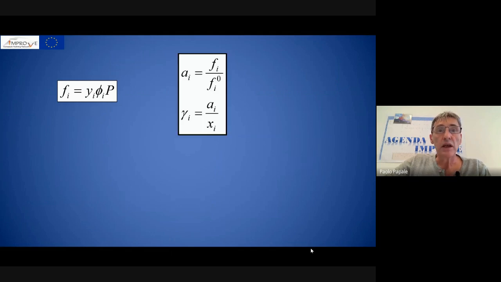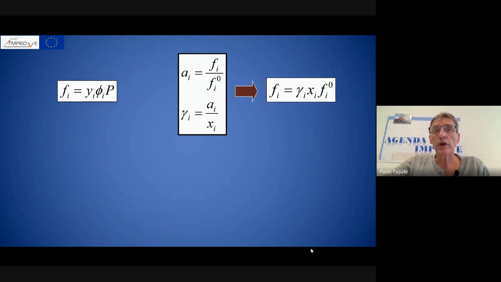In fact, let's recall two definitions that I introduced a few slides above, those of activity and activity coefficient. If we simply combine them, we obtain another expression for the fugacity of a component in a mixture, this time involving a reference fugacity, f0, and an activity coefficient, gamma.